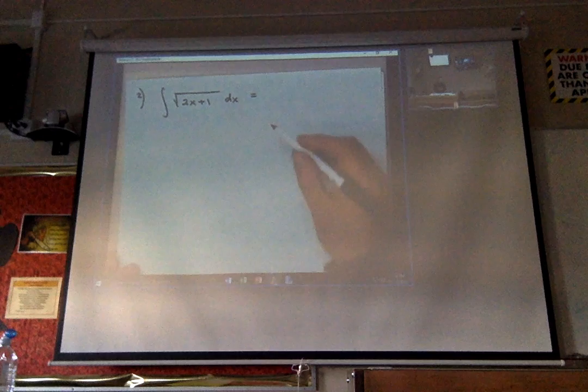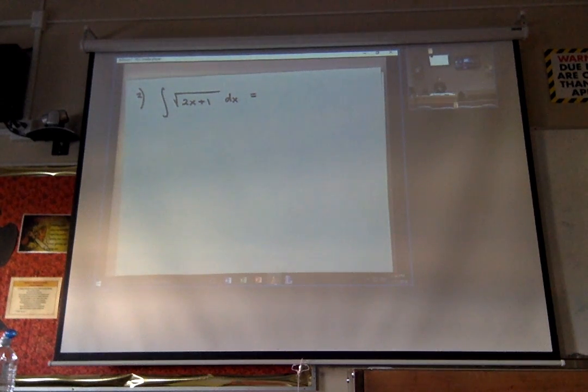And it's easy to see what the substitution is. What is the substitution? Normally it's always whatever sits inside. So what is your substitution? 2x plus 1. Now never choose 2x, because then you have to do one more substitution. Your substitution is 2x plus 1, the whole thing.